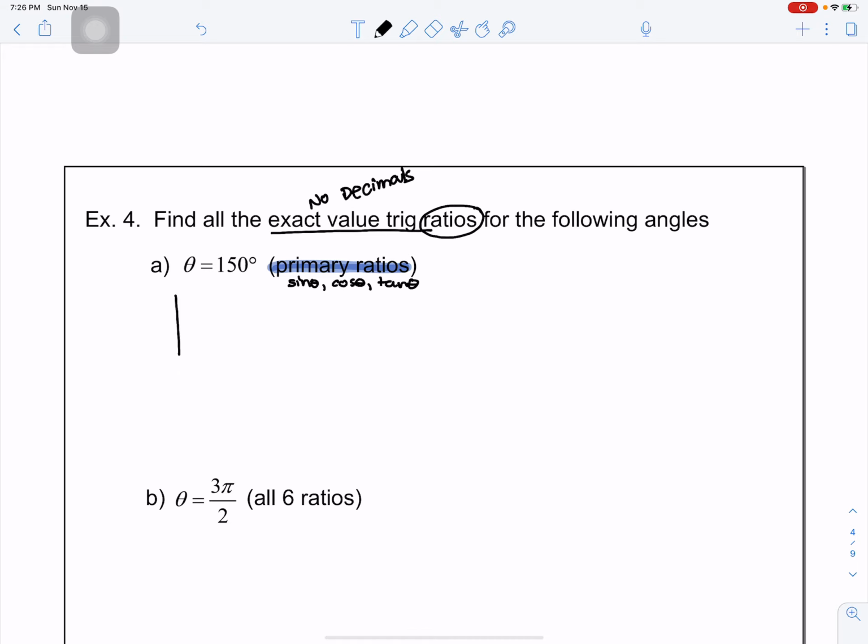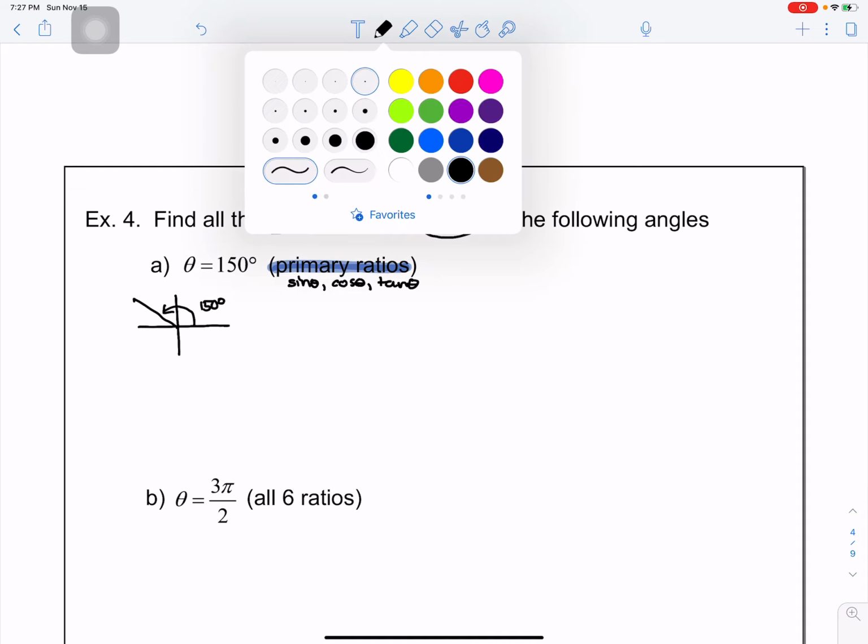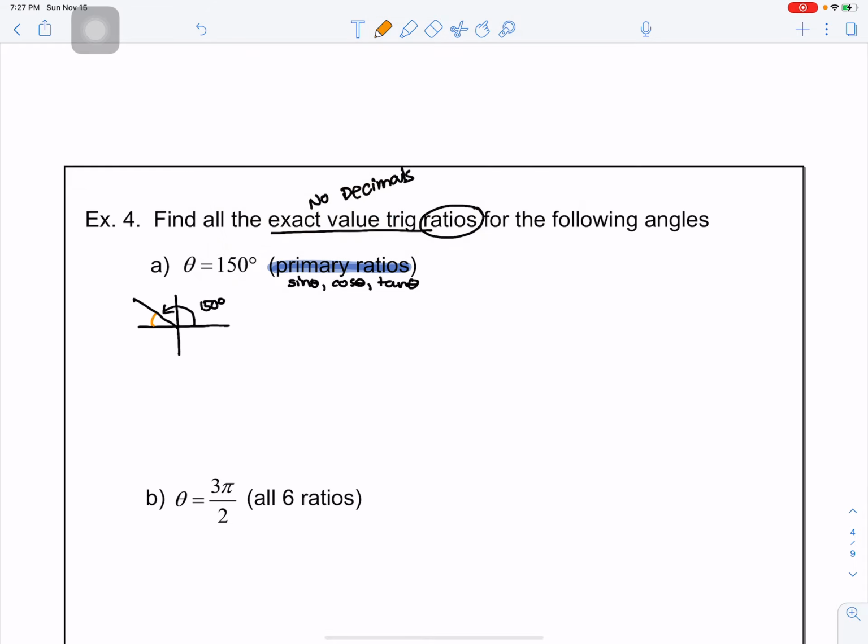What we want to know is, 150 degrees sits in quadrant 2. If I want to know how much more I need to get to 180, that would represent my reference angle, which in this case is 30 degrees. So basically the sine, cosine, and tan of 30 degrees would play a role in the sine, cosine, and tan of 150, or you look on your unit circle and figure out what this value is.